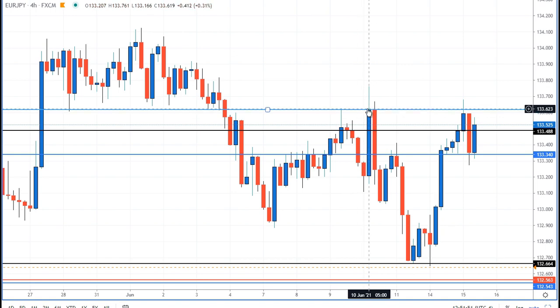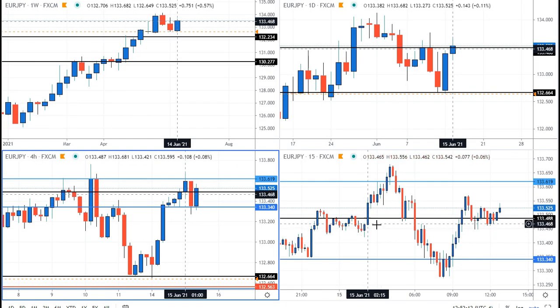Right here, this is that same level, like this black horizontal line is the daily level. Then you can see just above it, we had a 4-hour level that it actually made it up to. That shows up as a wick on the daily level. And then down it goes. But on the 4-hour level, we had a really good level, which is also a 15-minute level. And so that's where we want to be looking to sell.